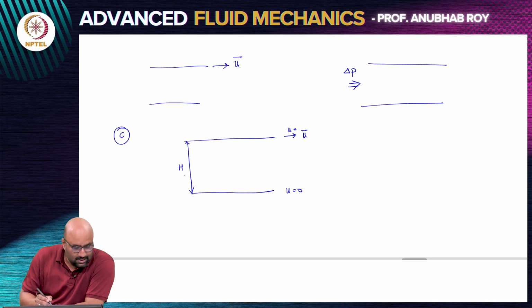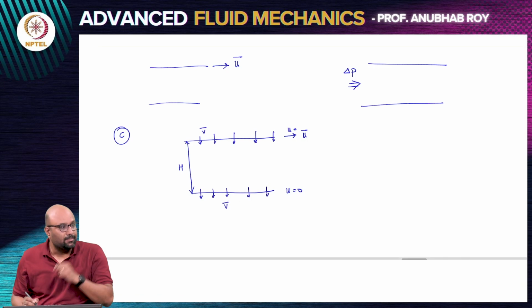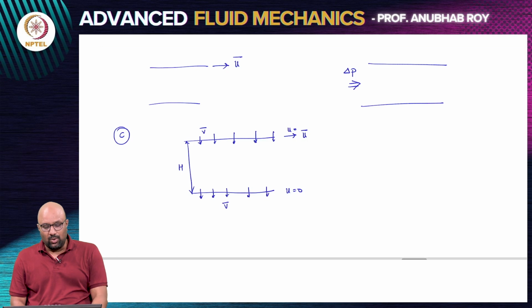One key difference is that the plates are no longer impermeable, they are porous plates, which means that there is some velocity of fluid being injected through this system. You have a velocity v bar with which fluid is rushing in through the top plate.